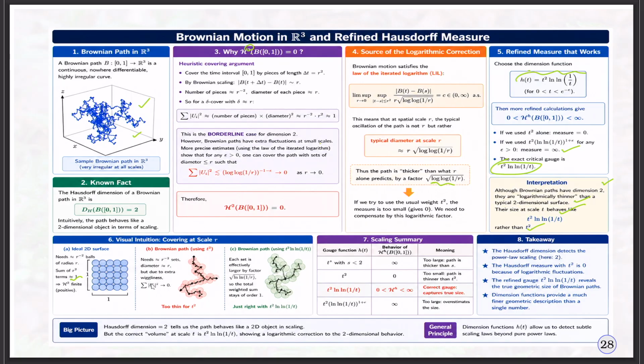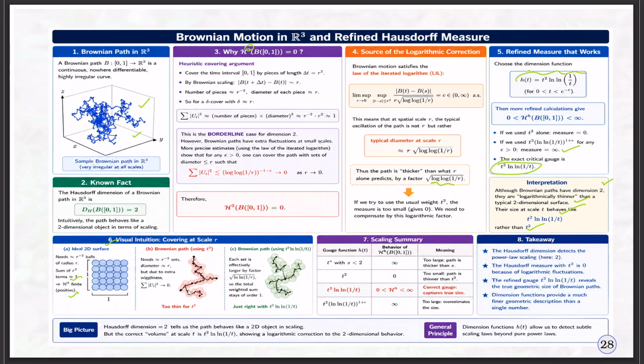This is the idea used to find the Hausdorff dimension: the number of boxes needed to cover is r^(-2) balls of radius r, take the sum of r^2 terms equal to 1, then H^2 is finite and positive for this surface.